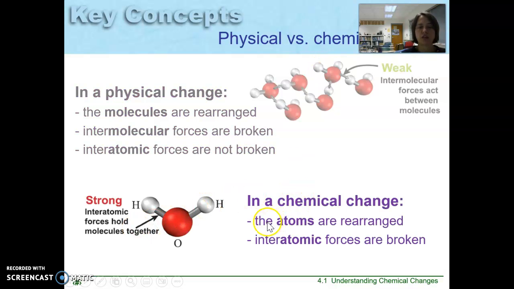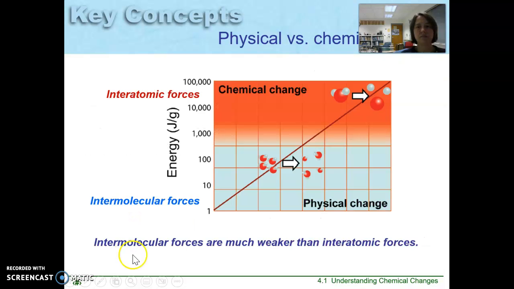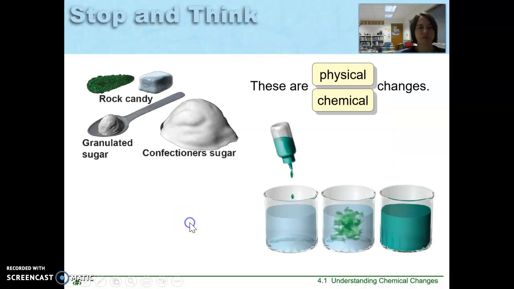So in a chemical change, we know the atoms are rearranged and the interatomic forces are broken. So you actually break the bond between the oxygen and the hydrogen itself. So we can see that physical changes don't take as much energy as chemical changes.